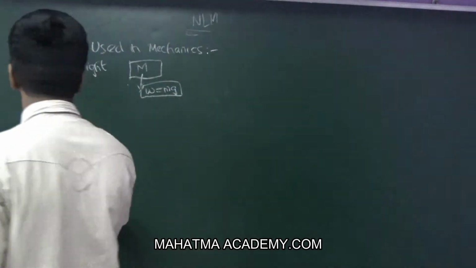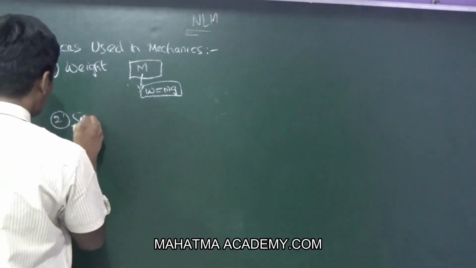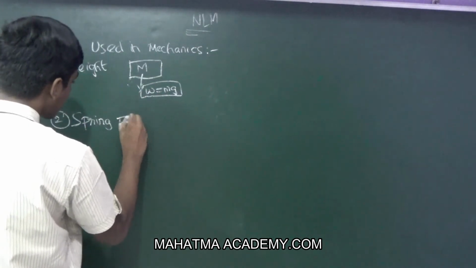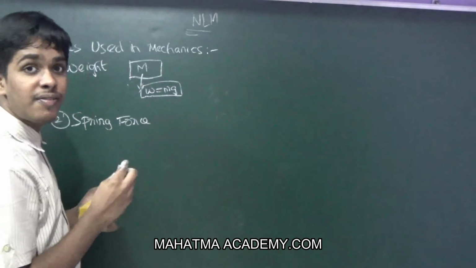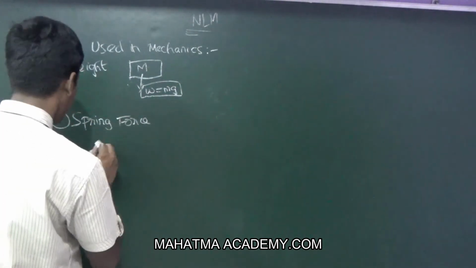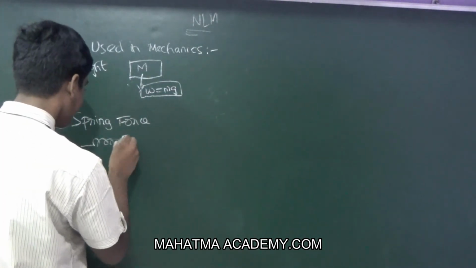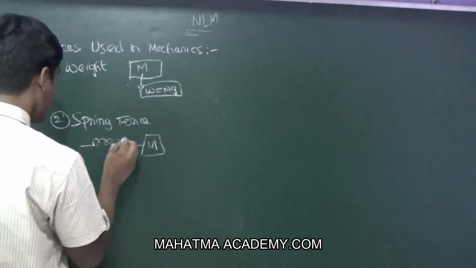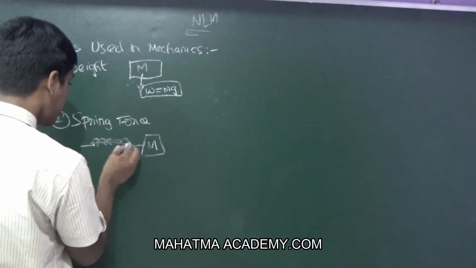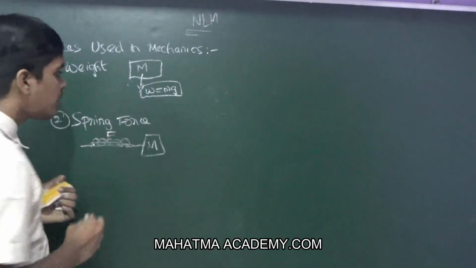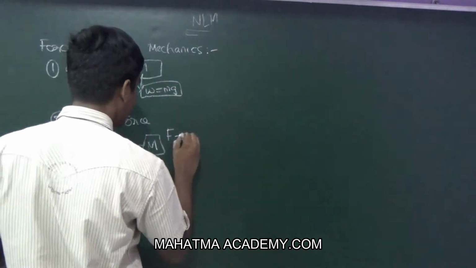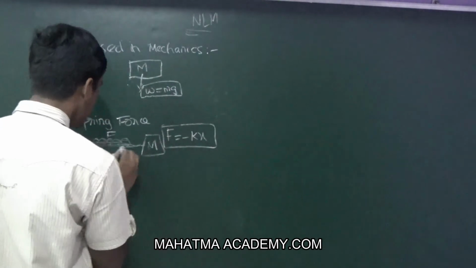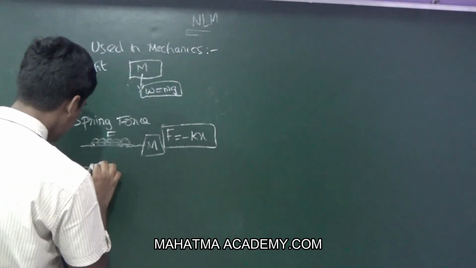The second one is spring force. The formula of spring force is, it acts on the spring. Here the spring will pull the mass with force F. So the force is F is equal to minus K into X, where x is the change in length as it moves.